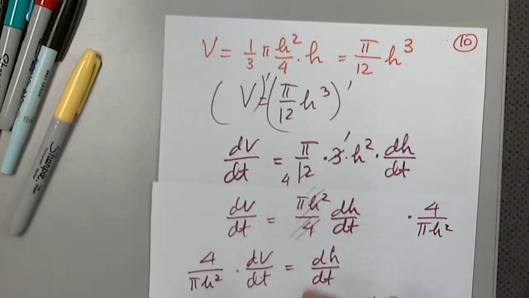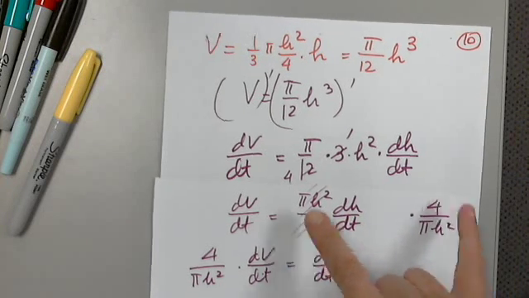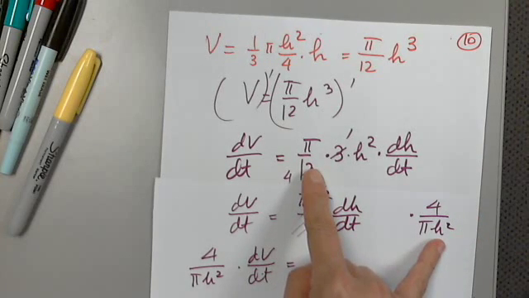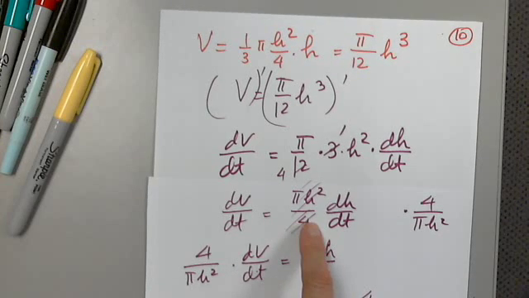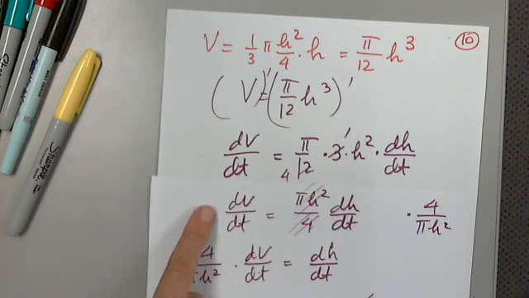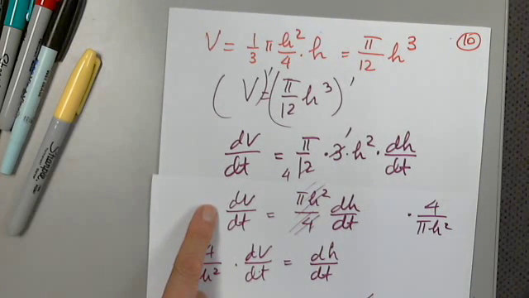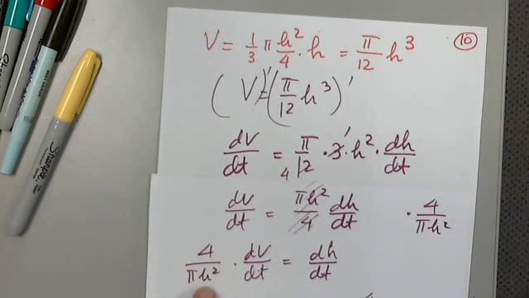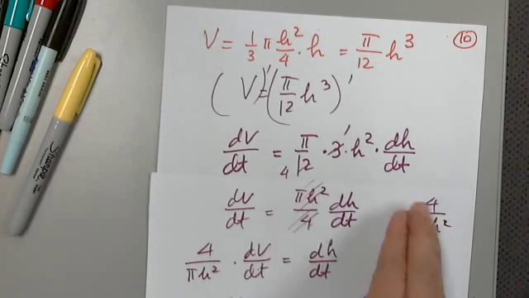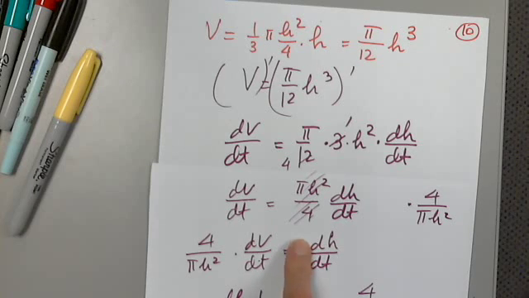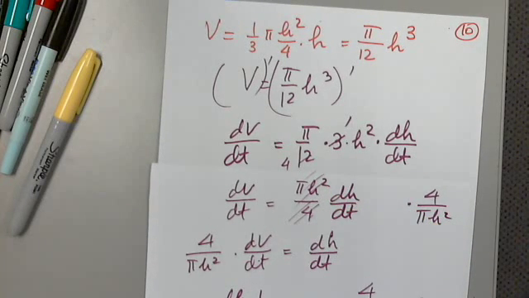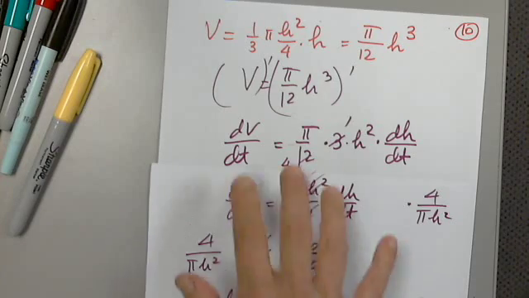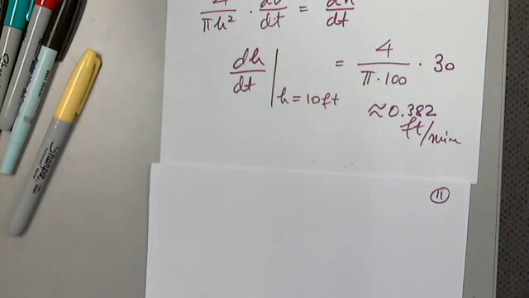Why did it flip? When I multiply these two, I get 1. That's why we multiply by the multiplicative inverse of this. But if I multiply on this side, I have to multiply on that side. So that's how we get the 4 over pi H squared here, but it disappears from here because this is 1, because we were trying to solve for this variable. Better? Okay.